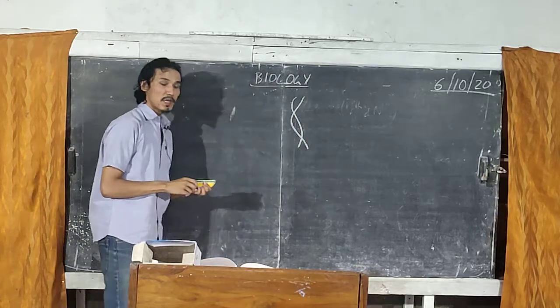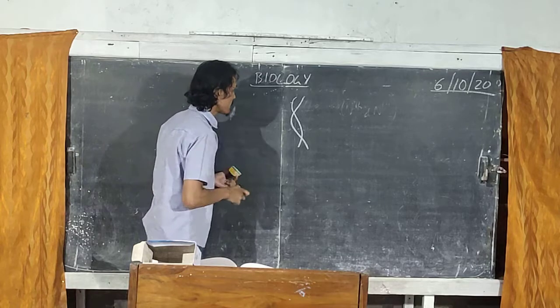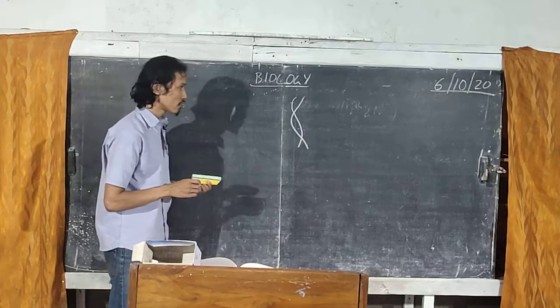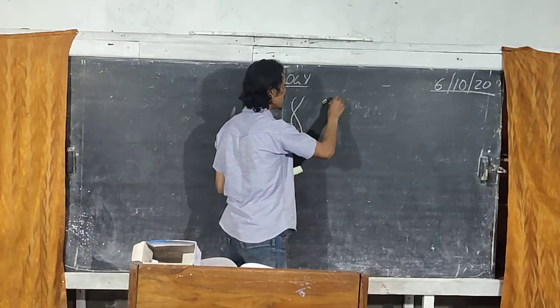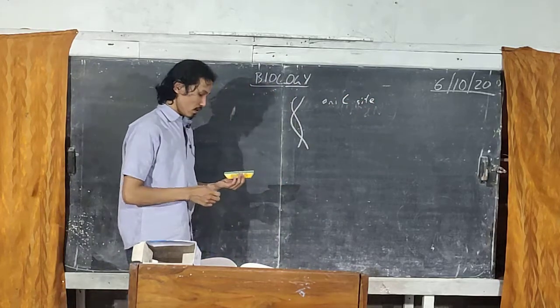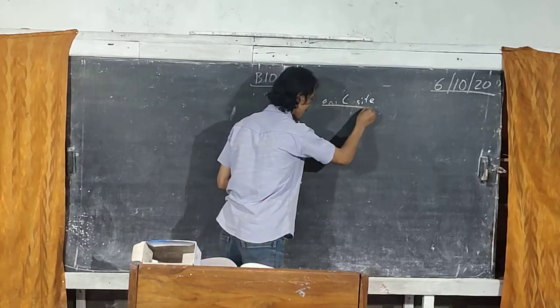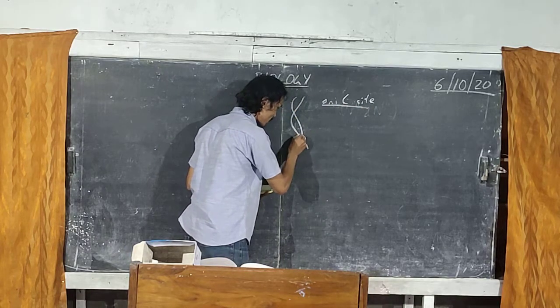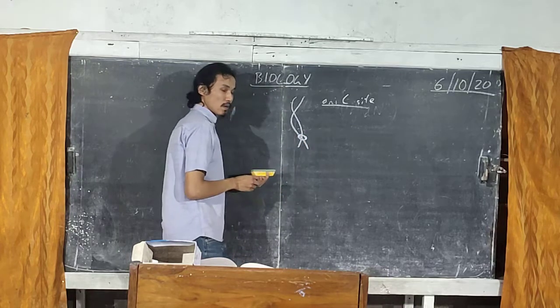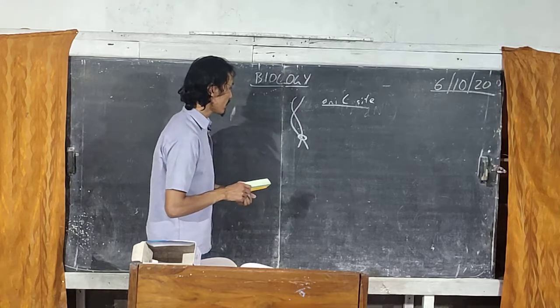So how DNA replication occurs is, first there is a site of origin, also known as the ORC site. This site, let's say it is over here, invites certain proteins or enzymes.